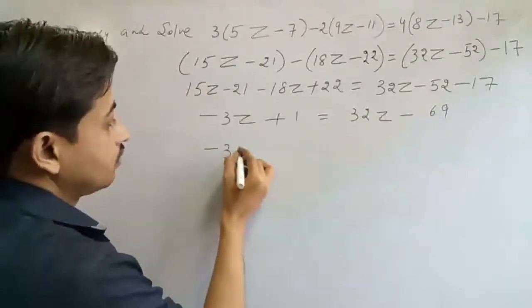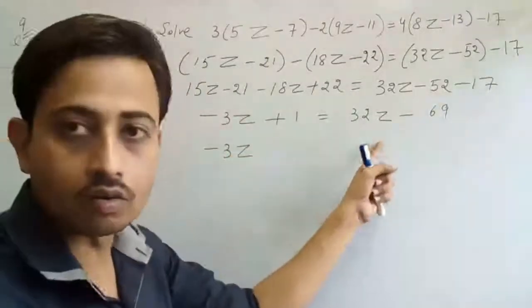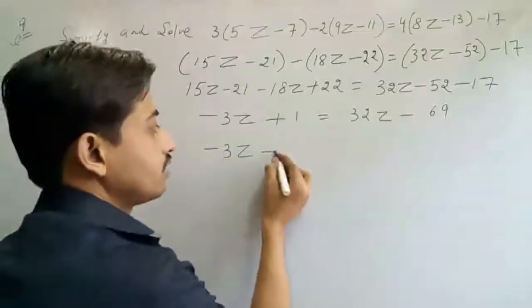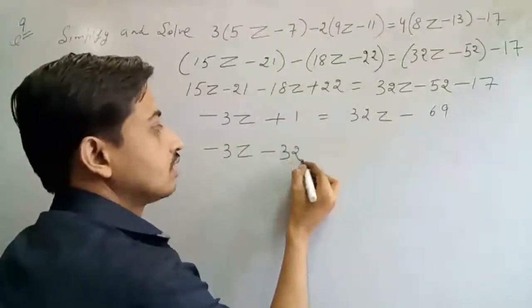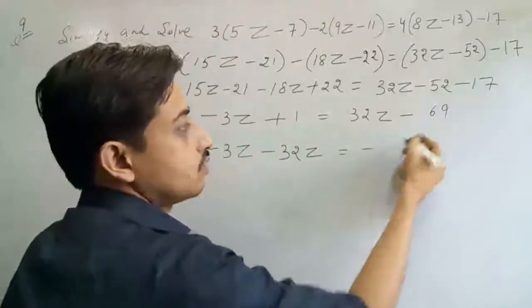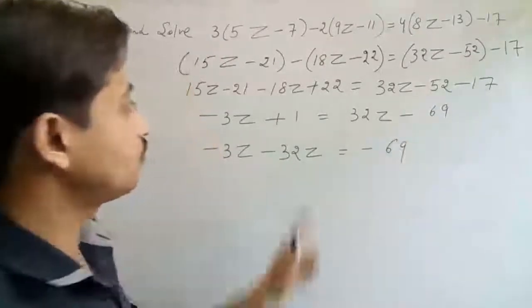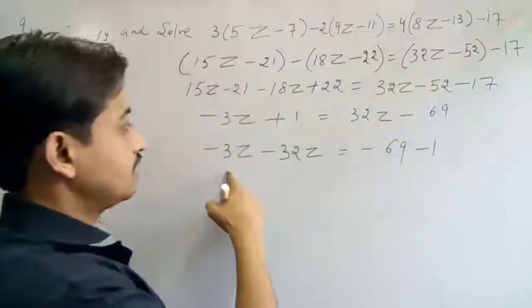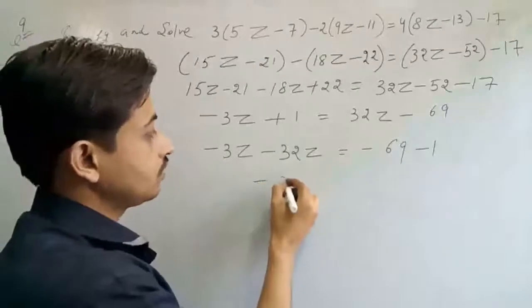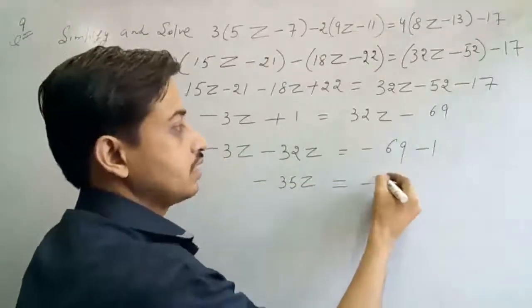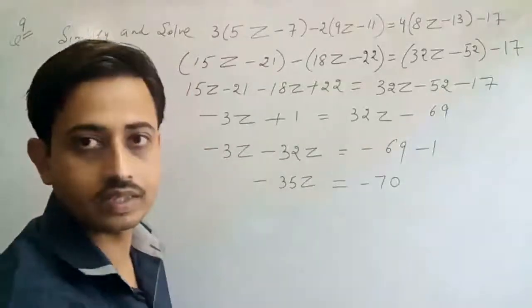This is negative 3z. We have to make it on the left hand side. The sign of 32z is positive, so whenever we take it on the left side, it becomes negative. Same here, the sign of 69 is negative, and we take it on the right hand side, it becomes positive. Minus 3z minus 32z, we get minus 35z. Minus 69 and minus 1, we get minus 70.